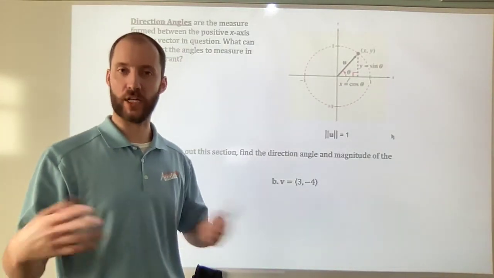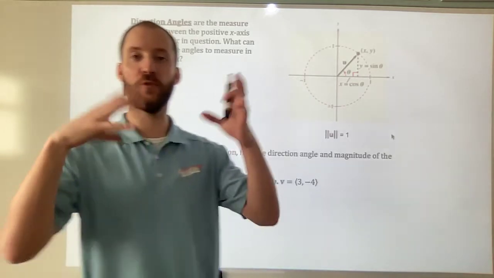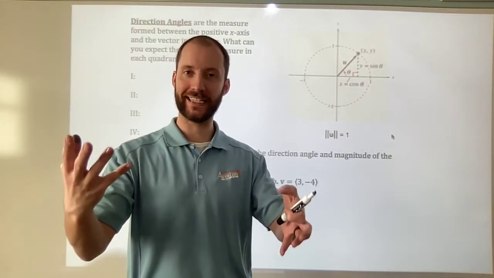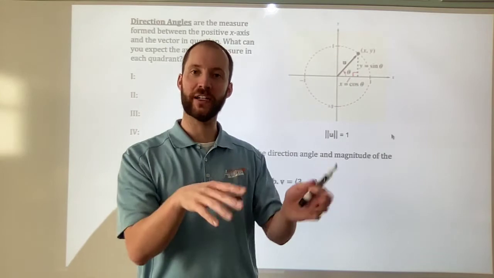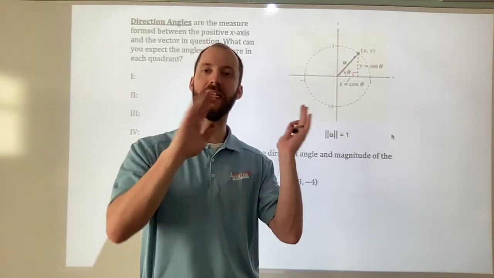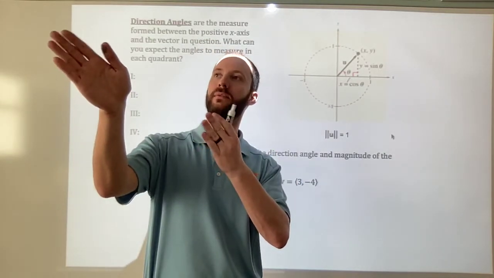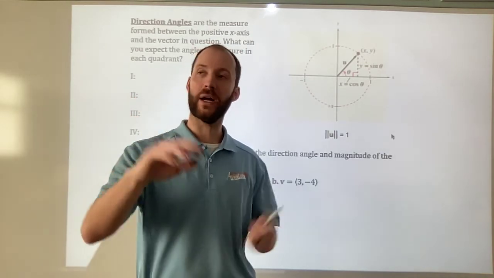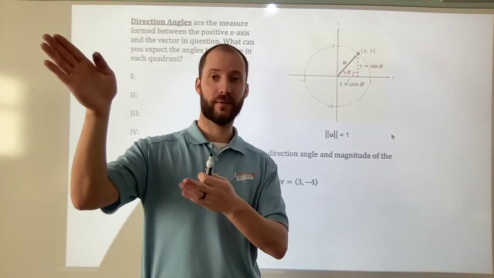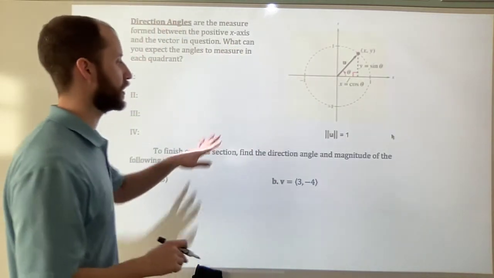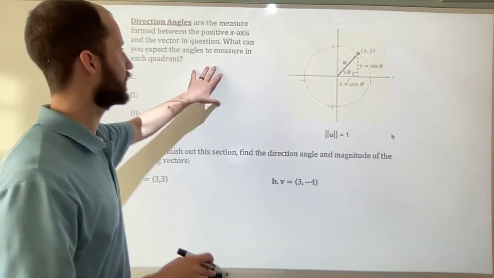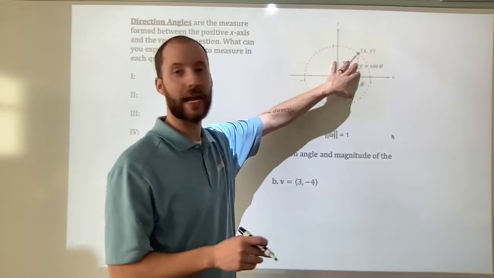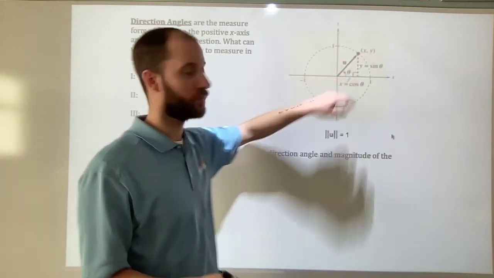So where is it going? It has so much force, so much velocity, and that force and velocity is going that way. And we want to be able to say what that way is. And we do that by using direction angles and some of our trigonometry from the unit circle.